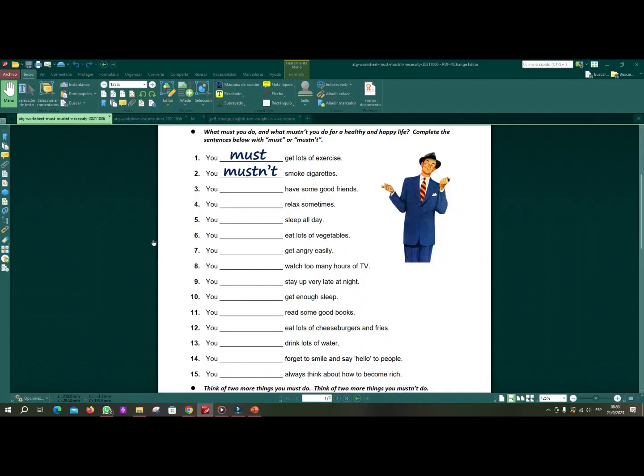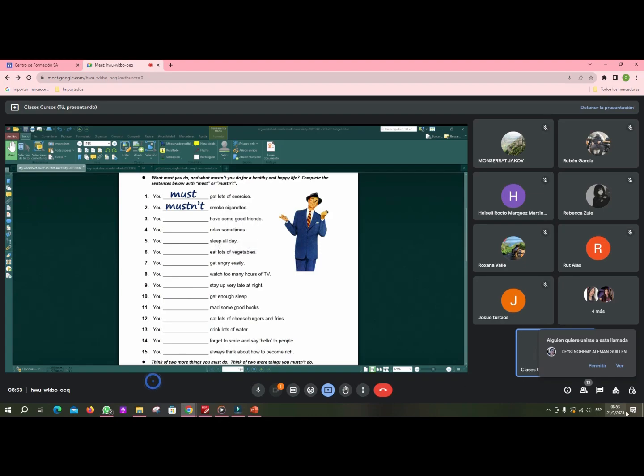There you have it. It says, what must you do and what mustn't you do for a healthy and happy life? Complete the sentences below with must or mustn't, okay? So here you have an example there, right? It says, you must get lots of exercise. That would be an affirmative way, right? You mustn't smoke cigarettes.